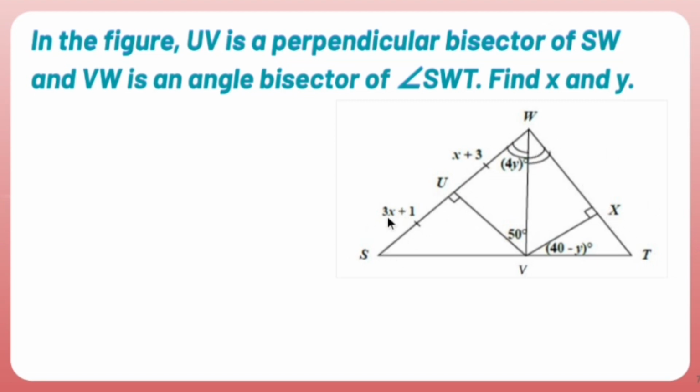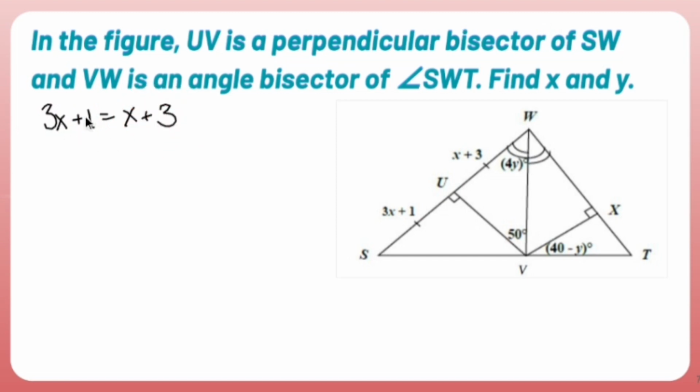Let's start with the x's because it's there in alphabetical order. If you are a perpendicular bisector, that means this line segment and this line segment are exactly the same. So let's set it up. 3x plus 1 equals x plus 3.